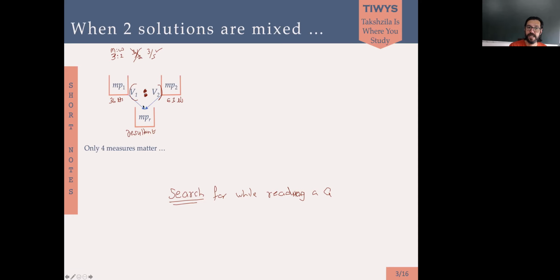I'll quickly take the ratio of it and I'll say, oh, the ratio is 4 is to 7, right? So I'll work in 4 and 7 itself. So these are just the 4 things: milk proportion, and resultant, and the ratio of volumes. The more clear you are in this, the faster you can move to your workings, reading.